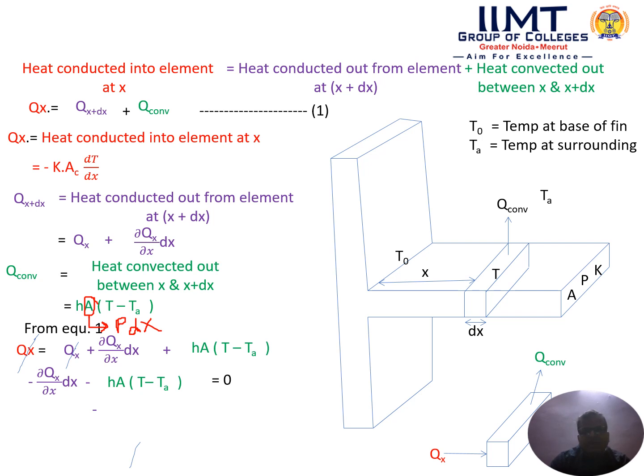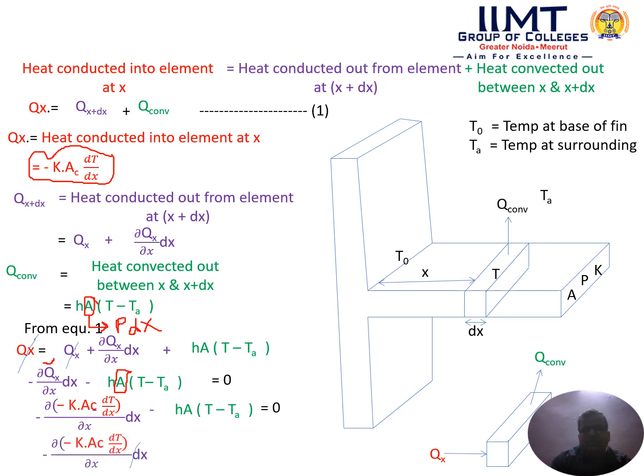Here the value of A is the elemental surface area, equal to P into dx. Substituting the value of qx, that is equal to minus kAc dT by dx minus hA(T minus Ta) equal to 0.